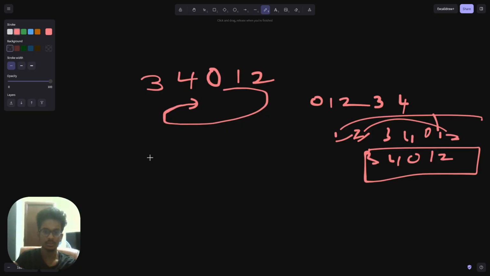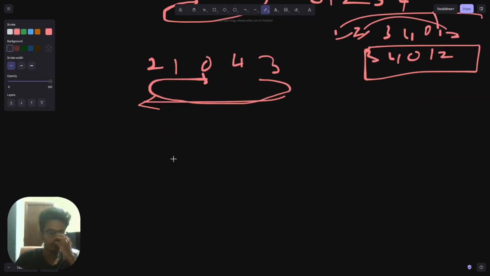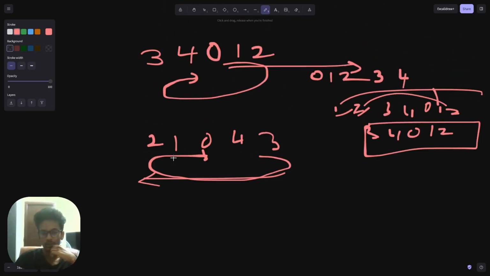Let's say if you reverse this, what would happen? 2, 1, 0, 4, 3. So 0, 1, 2, 3, 4. This is a backward cycle. You're moving backwards. This is a forward cycle because you are moving this way. This is a backward cycle because you are moving this way. Fine. Either you would have a forward cycle or a backward cycle.